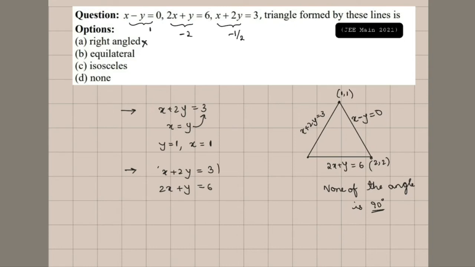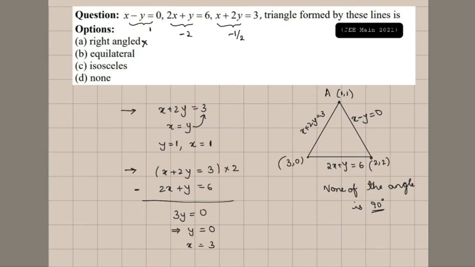See, we need to multiply this with 2 and subtract, which gives 2x gets cancelled and 4y minus y, which is 3y, equals 0, so y equals 0. If y equals 0, then x equals 3. So this point is (3, 0).